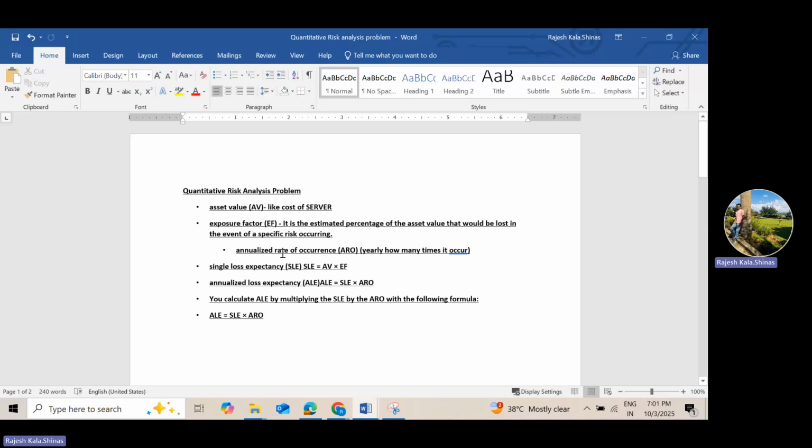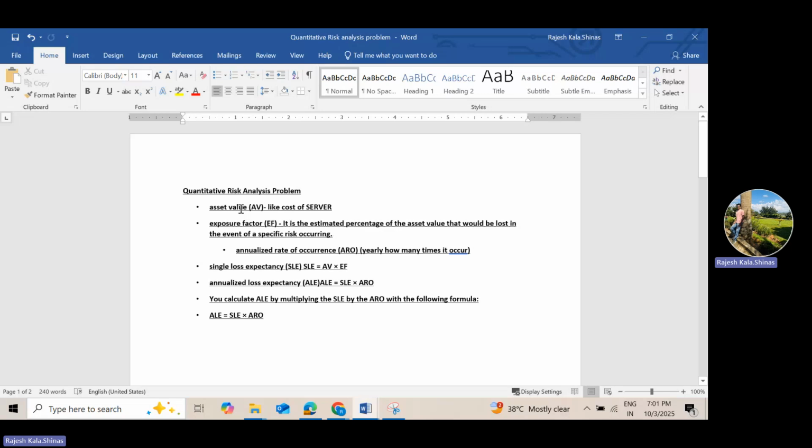Then ARO, that means annual rate of occurrence. That means how many times this type of risk occurs in a year. The first thing is the problem we are going to discuss, quantitative risk analysis, so we have to analyze the risk in numbers. Asset value is the first variable, the value of the asset.